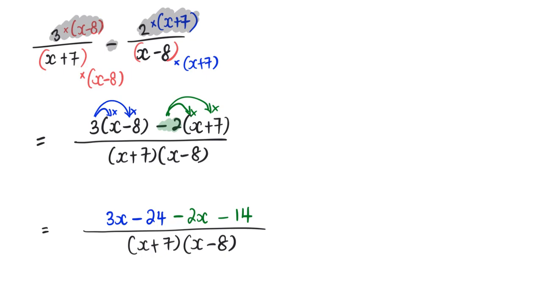And finally, the final answer would then be equals to, let's see, 3x minus 2x, that will give me 1x, oops.